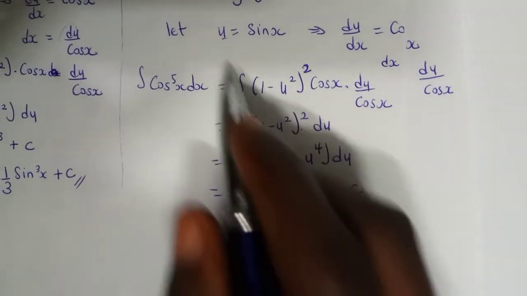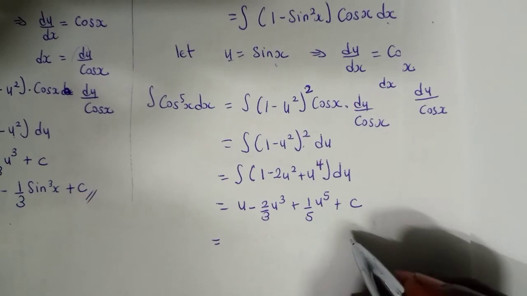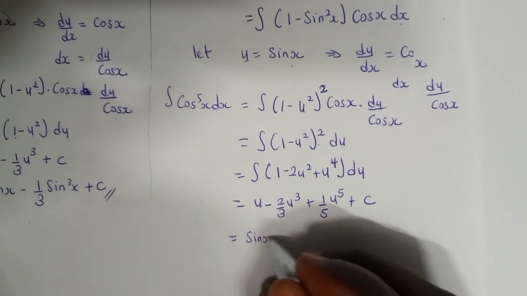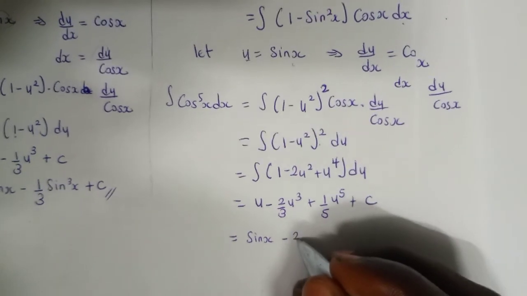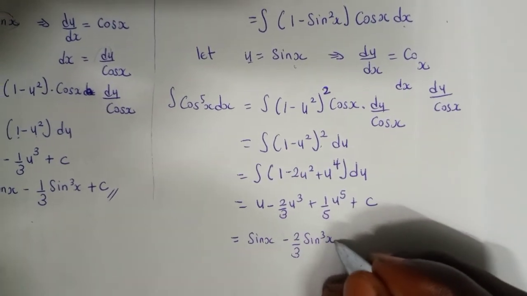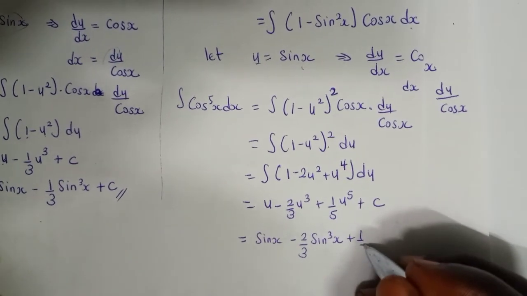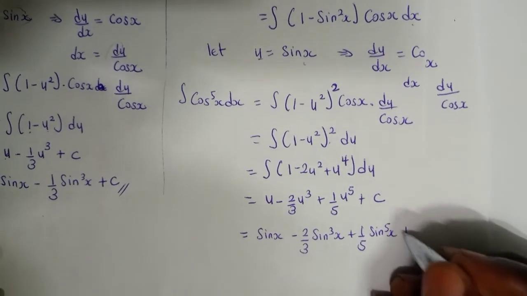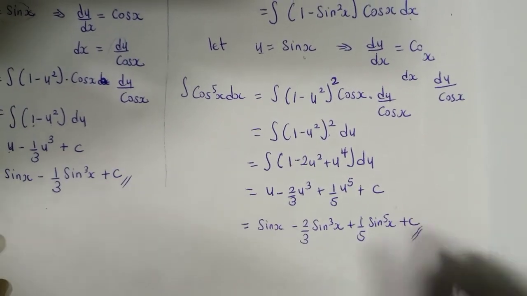But our u equals sine x. So we have sine x minus 2 out of 3 sine cube x plus 1 out of 5 sine exponent 5 x plus c. This is our final answer. Let's move on.